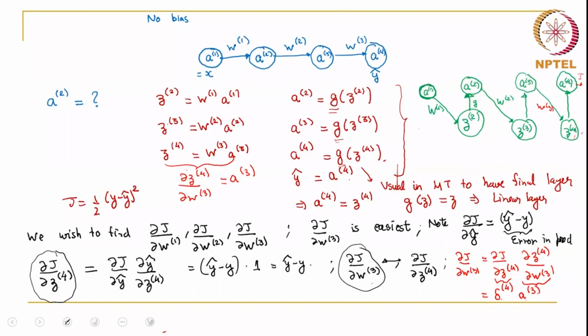Take a look at this figure. See if you can draw an equivalent figure and find a relationship of this sort: del J del WL and delta L plus 1. You can try this out.